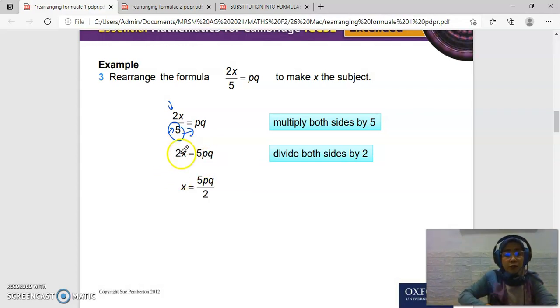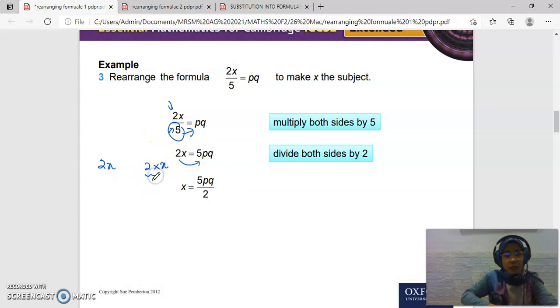So what happened to 2? For this part you haven't finished making x the subject because the coefficient of x is equal to 2, not equal to 1. So what can we do? You bring 2 to the other side. When you bring 2 to the other side, it will be division, since for this part it is 2 times x.